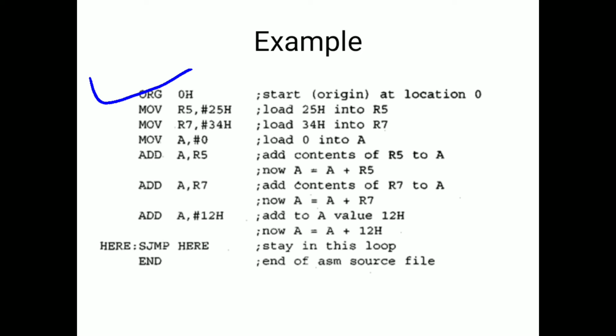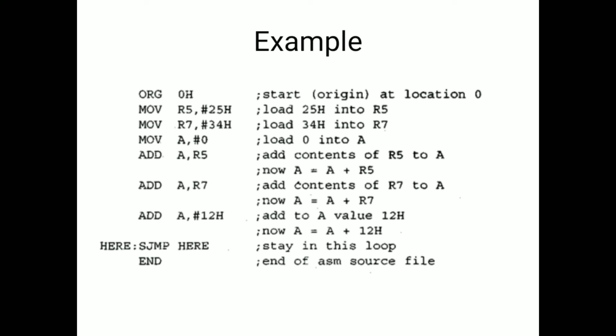In the next instruction we are moving 25H data into register R5. In this instruction we are moving 34H data into the R7 register. This hash symbol indicates data. The number having a hash before it means it is data.